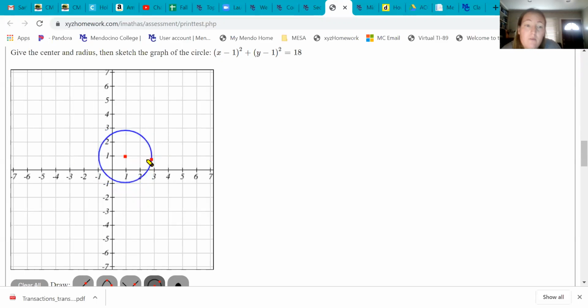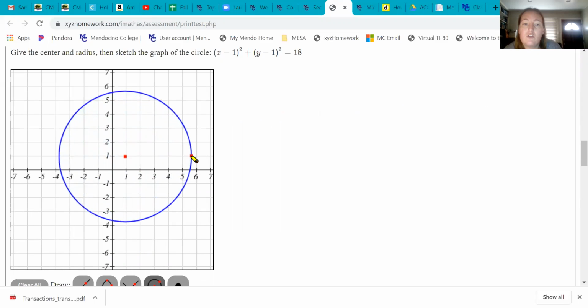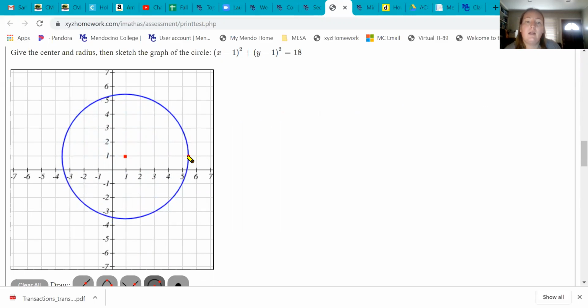So it's a little bit more than 4. 1, 2, 3, 4, and a little bit more. And you'd actually want to try to do it as accurately as possible. It is a little bit forgiving. I mean, you can see that they kind of have some control over where it is. But as I said, a little bit more than 4.